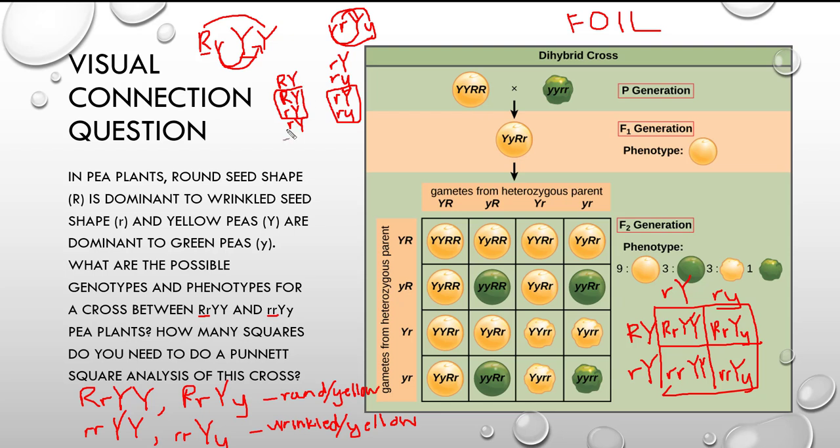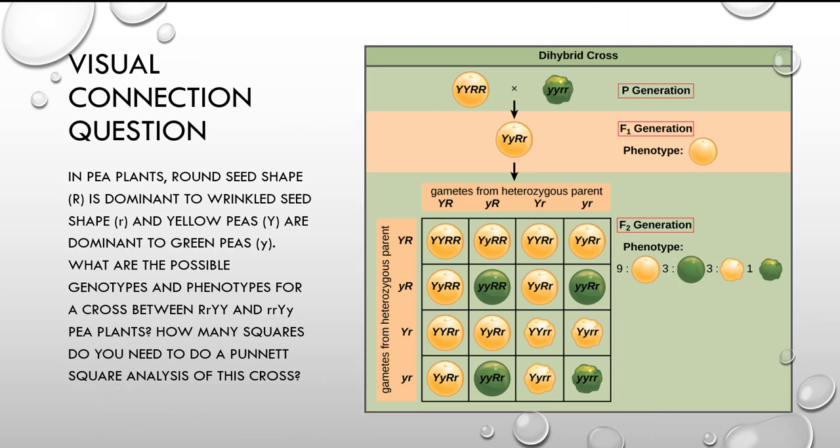But remember, this is just probability. 50% of my gametes are big R, little r, big Y, and 50% are little r, big Y. So I only need two rows there. I don't need 4 rows with 2 of the same. It doesn't make sense.